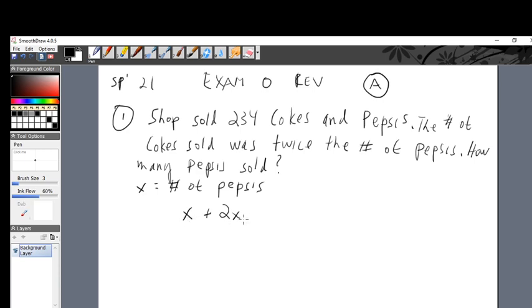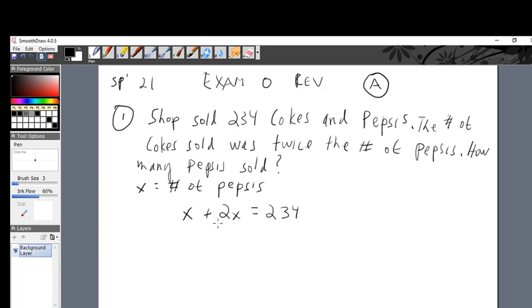So you add them all together, and this shop sold 234 of them. It's a pretty straightforward equation that we need to set up. The number of Pepsis, plus the number of Cokes, which is twice the number of Pepsis, add them all up together, and 234 were sold.